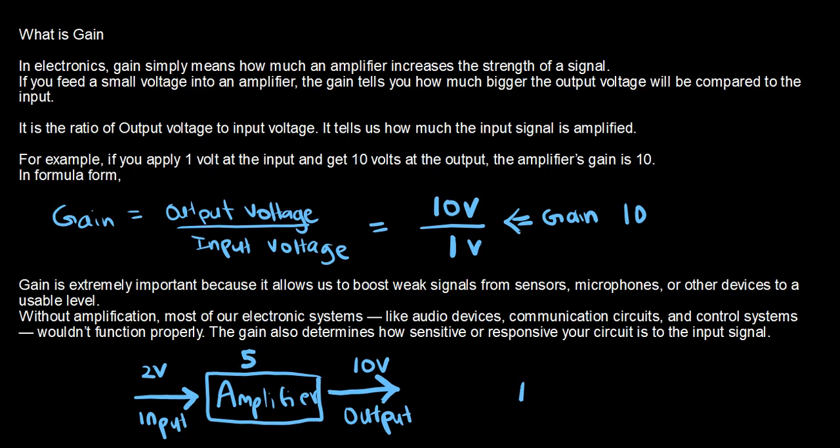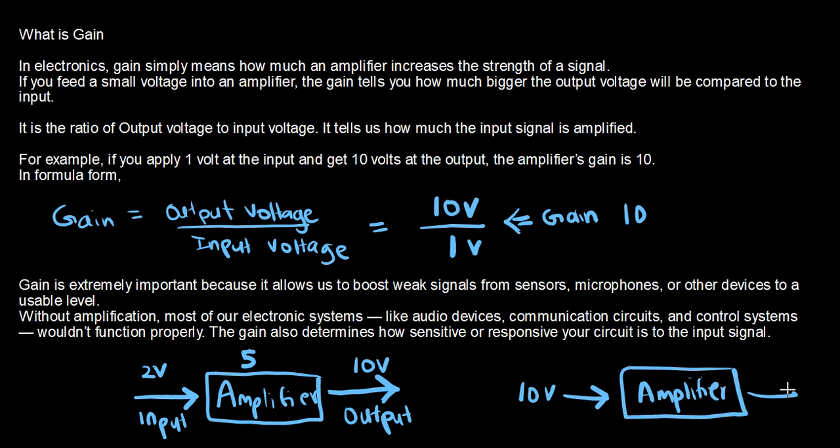Similarly, let's say we input 10 volts into an amplifier, and the amplifier outputs a voltage of 20 volts. In this case, the gain could be found like this.